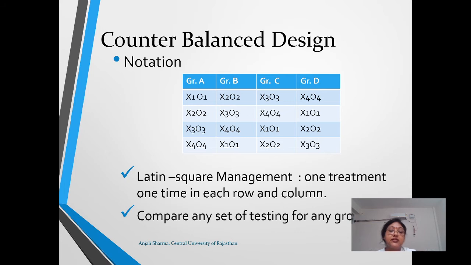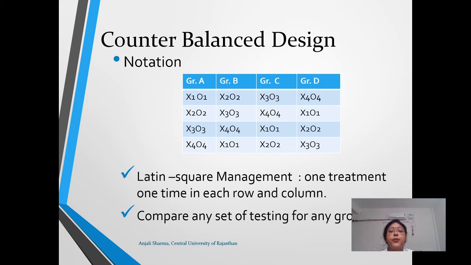Earlier we saw the single group design, and the non-equivalent control group design, which is a two group design. But if we want to do the study at the same time with four groups, then we can use this counterbalanced design. We can design our treatment in different phases, or frame different kinds of treatment to see a particular effect.